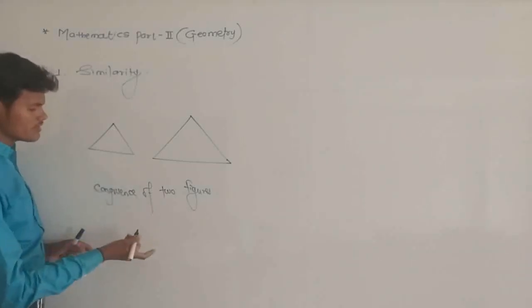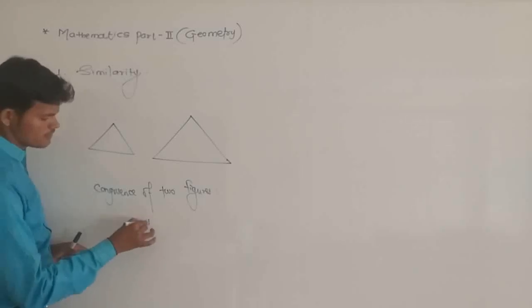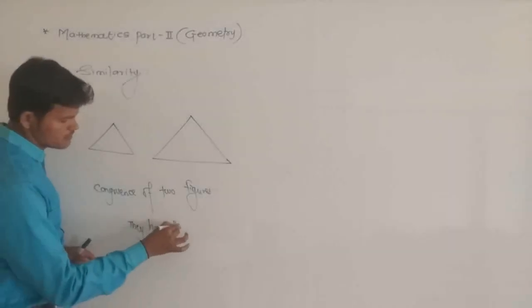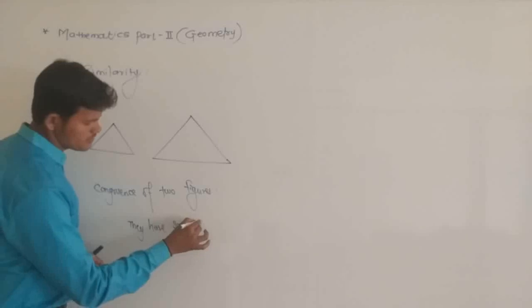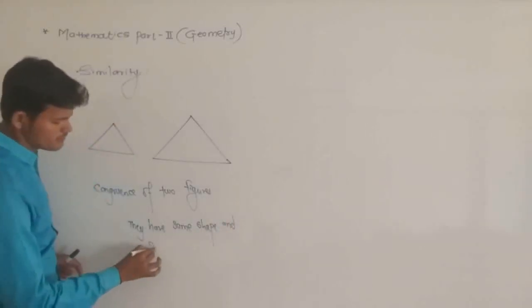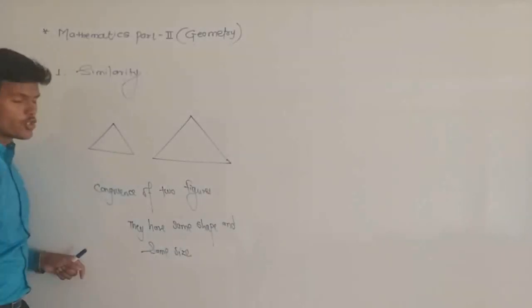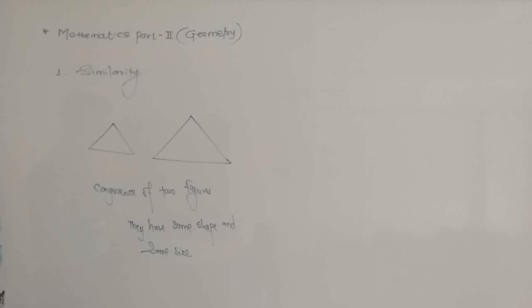So when two figures are congruent, they have same shape and same size, then two figures are congruent.